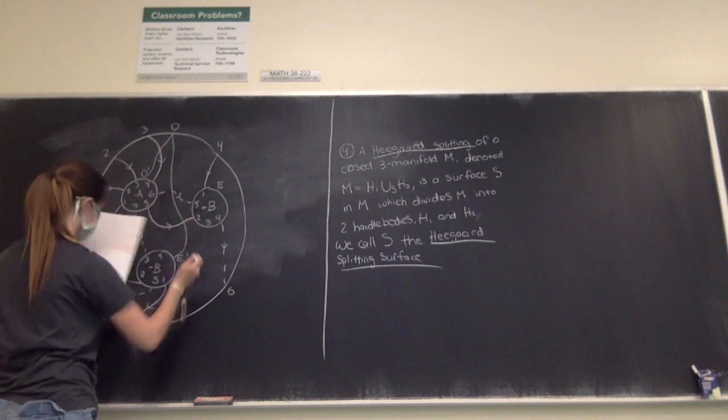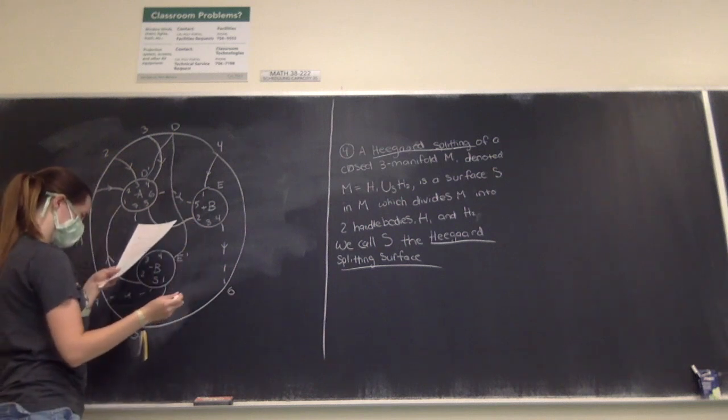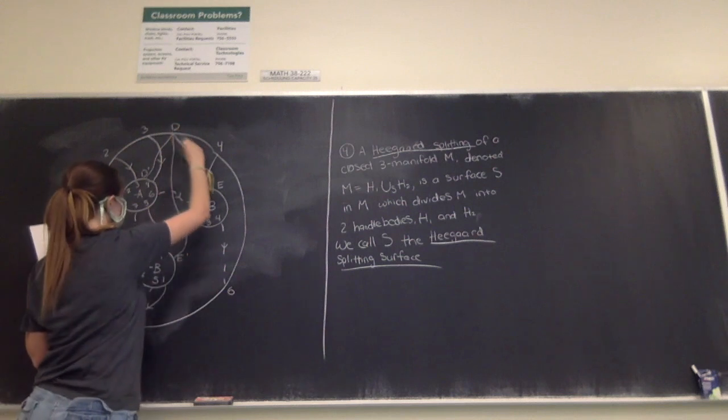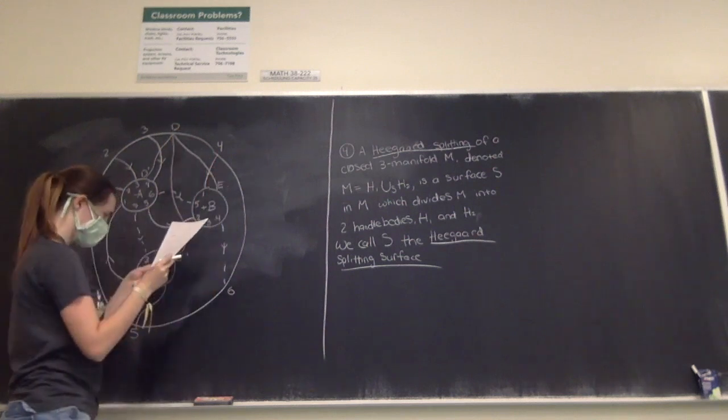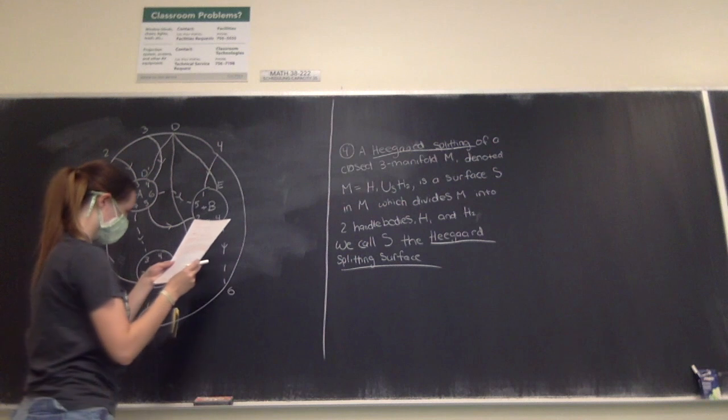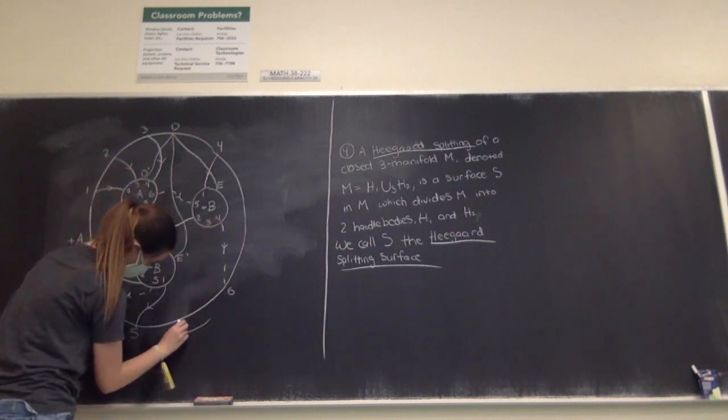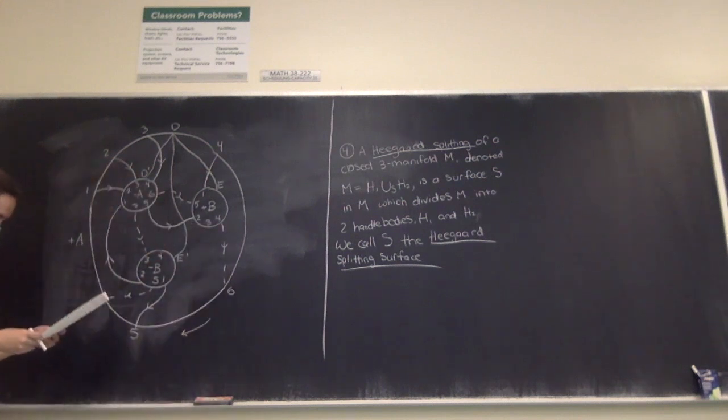So this going to E prime. And then we have this one going to E. And then that is it. Oh, there's also an arrow denoting we're going this way. And so that is his Heegaard diagram.